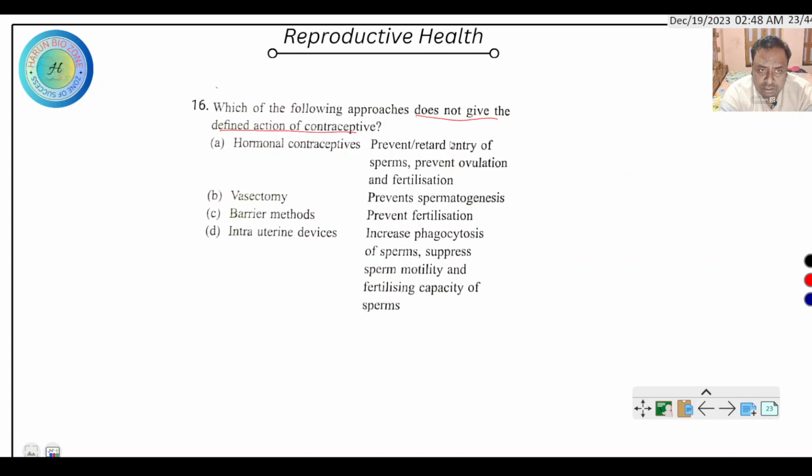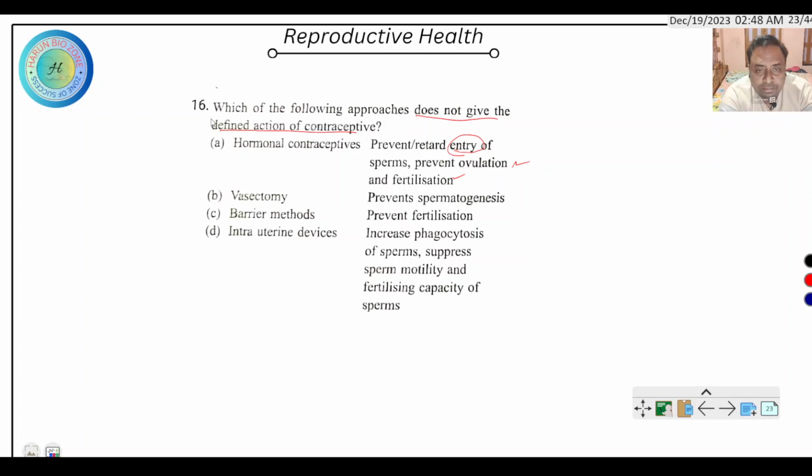For hormonal contraceptives, preventing or retarding entry of sperm, preventing ovulation and preventing fertilization is the correct option. But here entry of sperm is regulated by the barrier method.